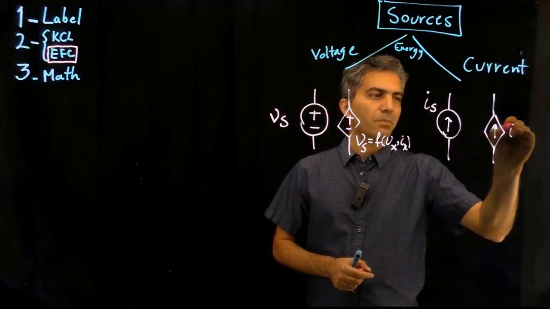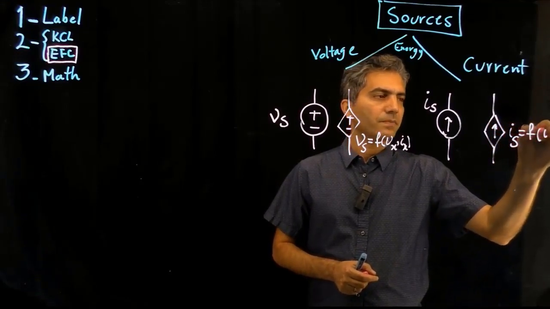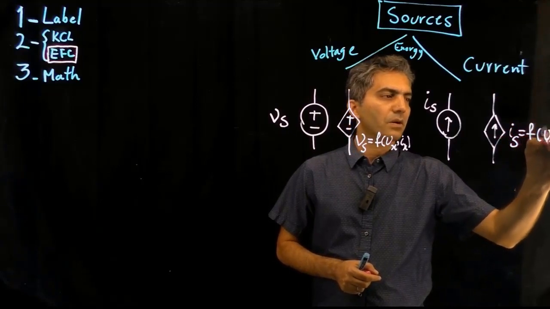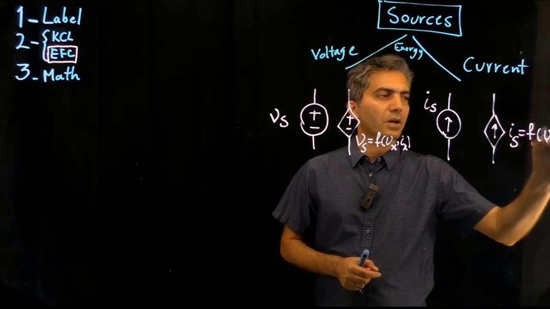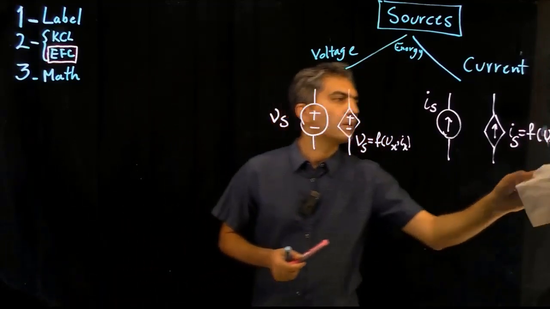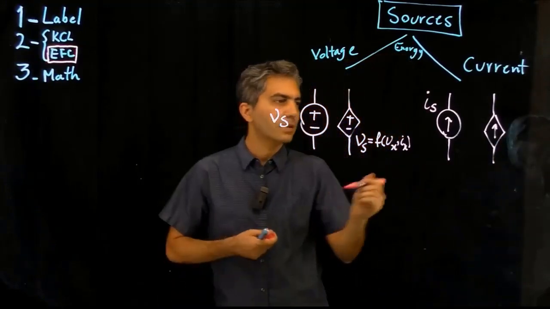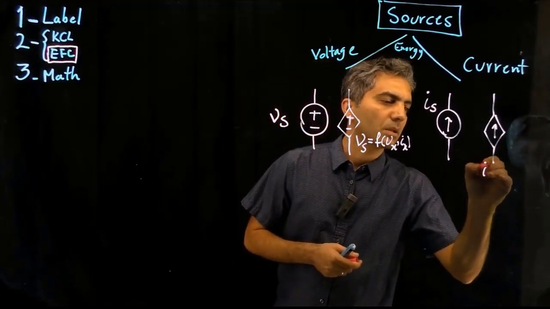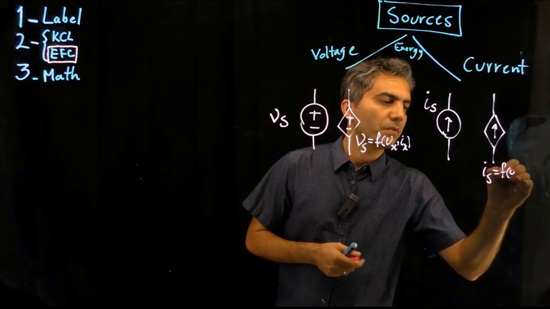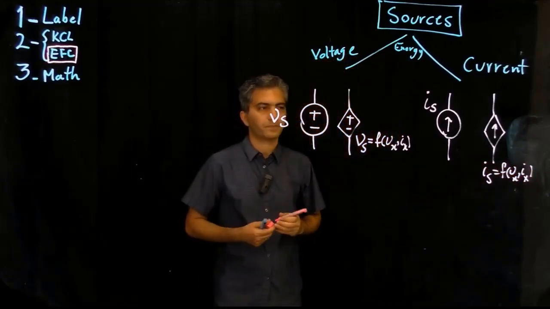And we have dependent current sources, where the current of the source is a function of voltages and currents in the circuit.